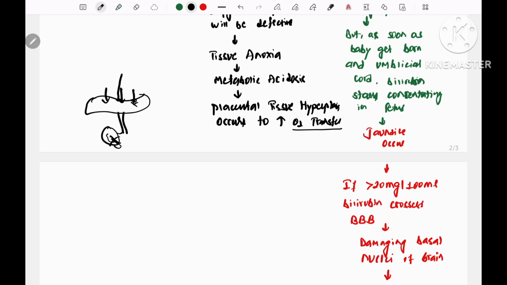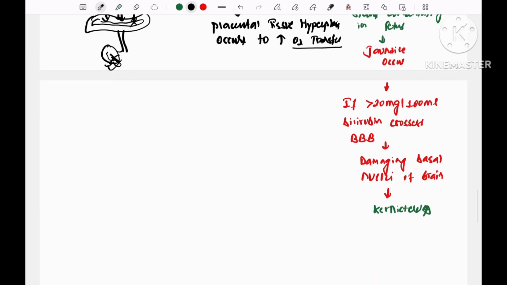So the defect is not in the placenta, it is here. But the placenta thinks the oxygen transfer is defective, so it increases placental tissue hyperplasia. Will that help in the oxygen transport? No, because the main problem is within the fetal circulation.